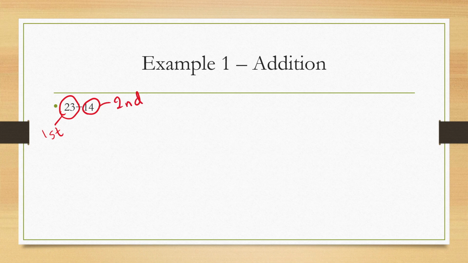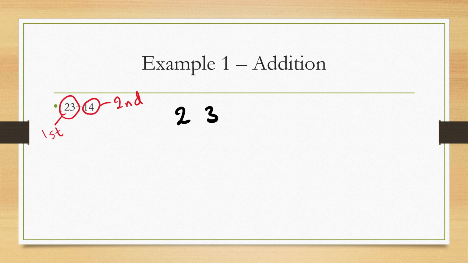Usually when you're doing addition using the column method or any other column method, the first number you put on top and the second number goes on the bottom. But there's one case I'll show you in the next example.